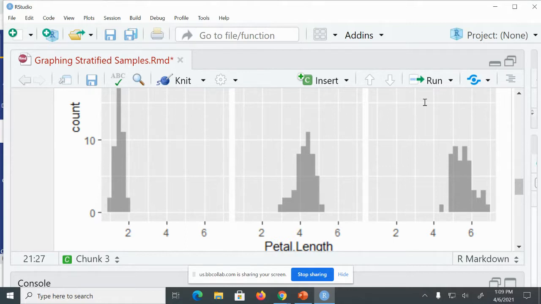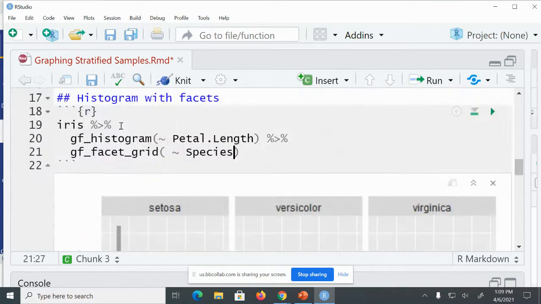For situations like this, I don't think it's as useful as the vertical alignment, because the vertical alignment lets you better compare how much overlap there is between the different species. And it is possible if we had another categorical variable in this data set, we could have something both before and after the squiggle, and then we would get a 2-dimensional grid of graphs.